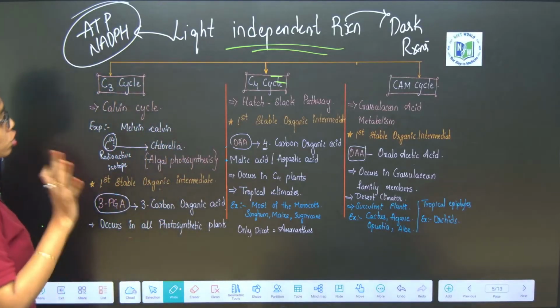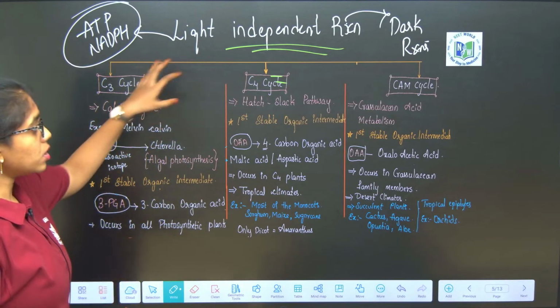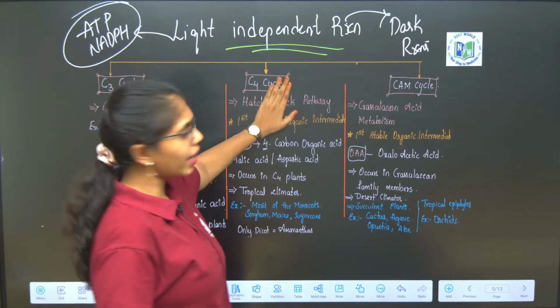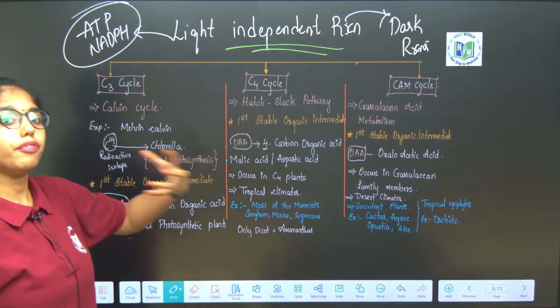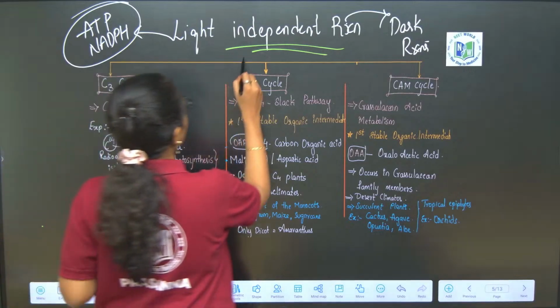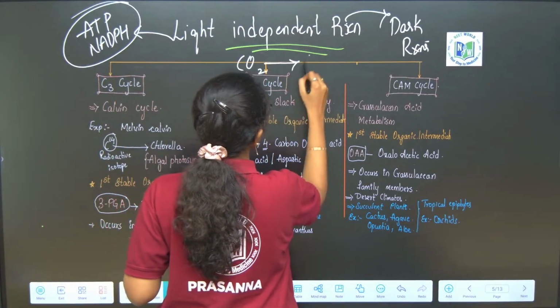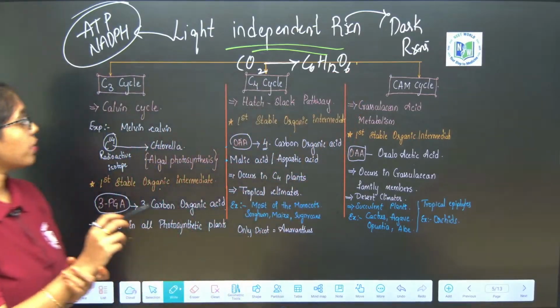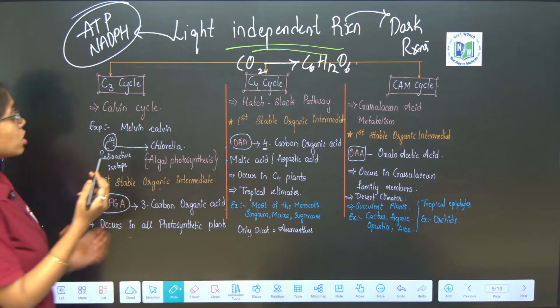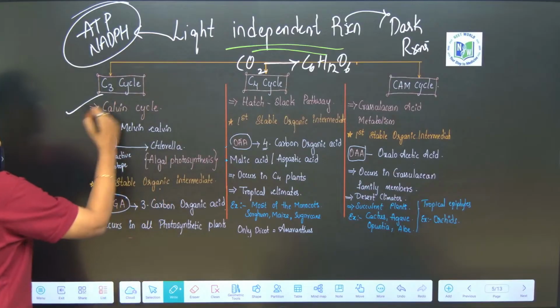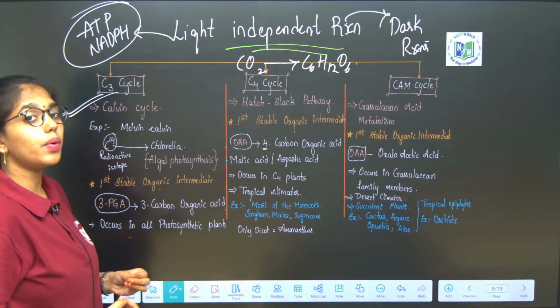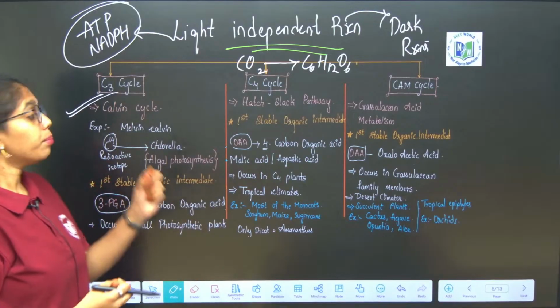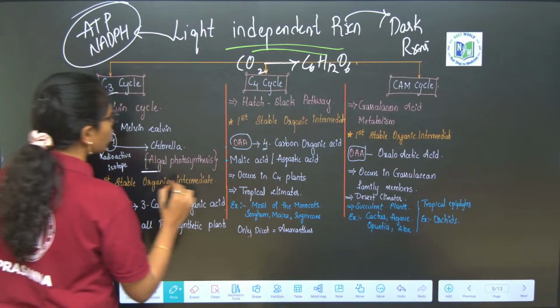Clear, right, ma? So here if you see C3 cycle, C4 cycle and CAM cycle, in different ways it will be operated in different plants. As such, the carbon dioxide is fixed to glucose, C6H12O6. So the C3 cycle, which is also called the Calvin cycle, was discovered by Melvin Calvin by conducting algal photosynthesis.